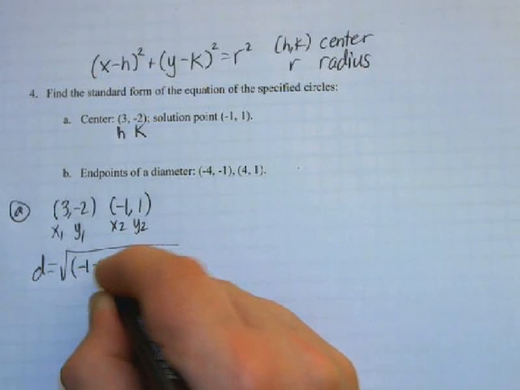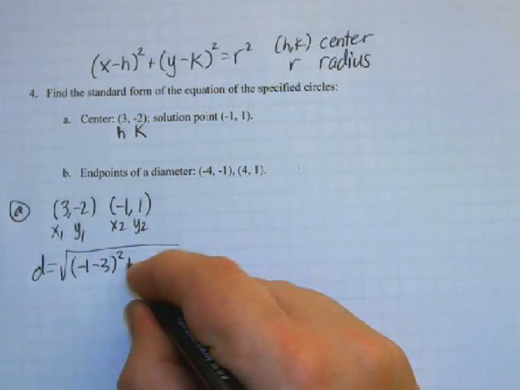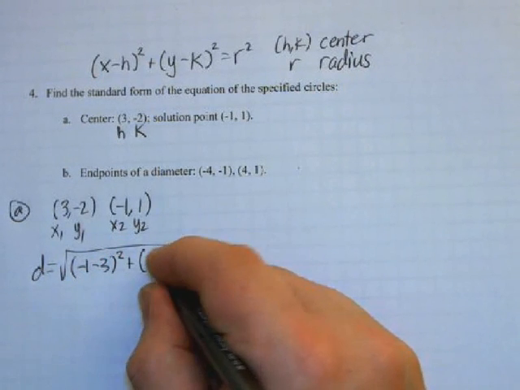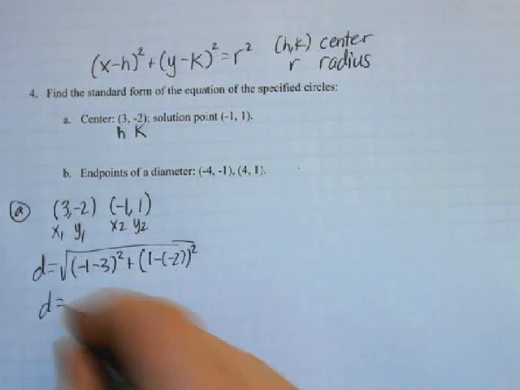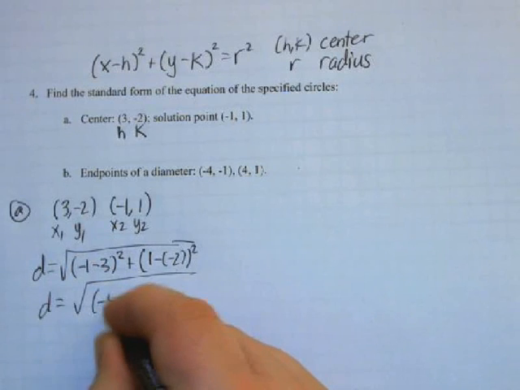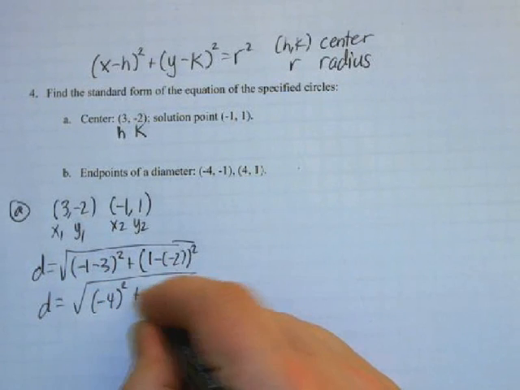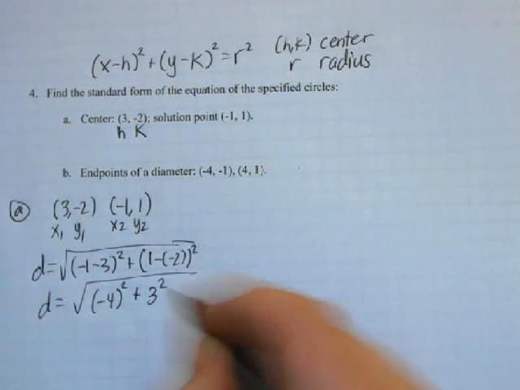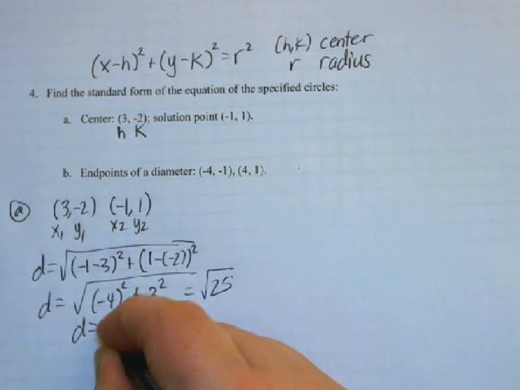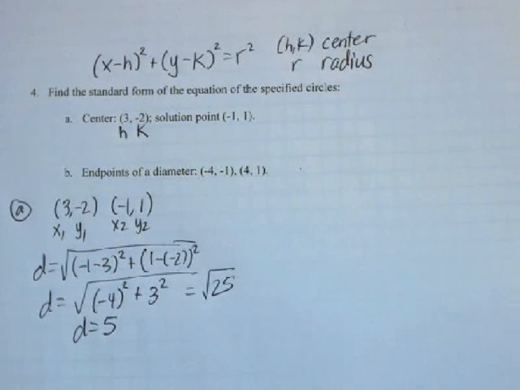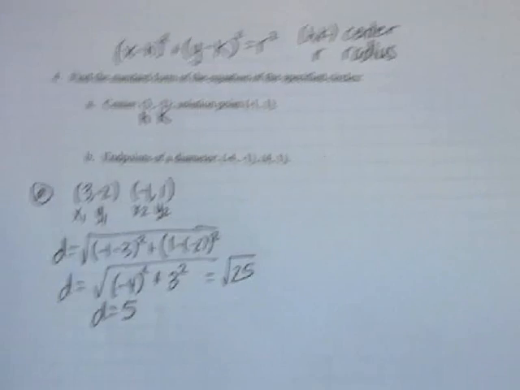So negative 1 minus 3 squared plus 1 minus negative 2 squared. So the distance between the 2 points is 5.